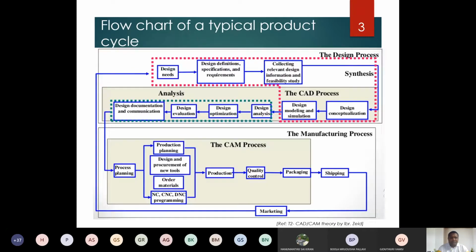Two topics were already discussed, and we also discussed this flow chart of a typical product cycle. This particular diagram, I took from the second textbook, which is CAD/CAM Theory by Ibrahim Zeid. Another kind of diagram I also showed you is from the first textbook.